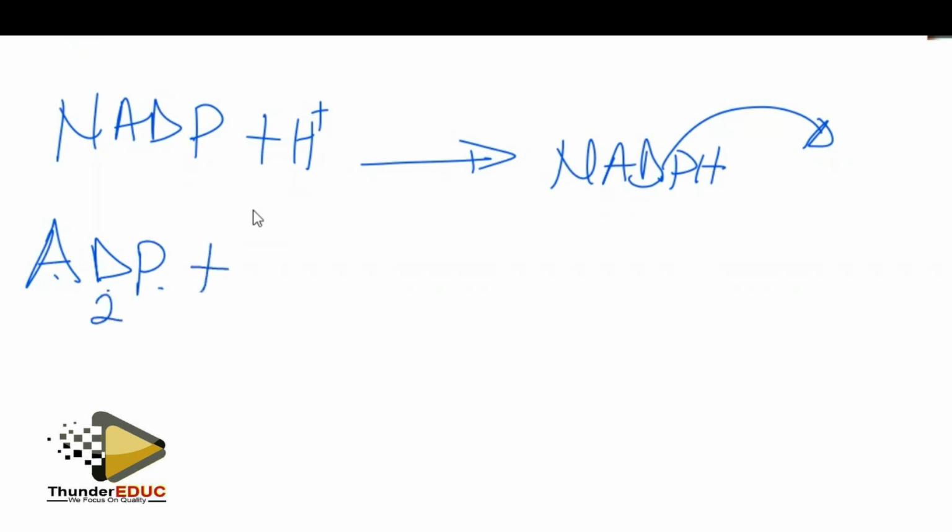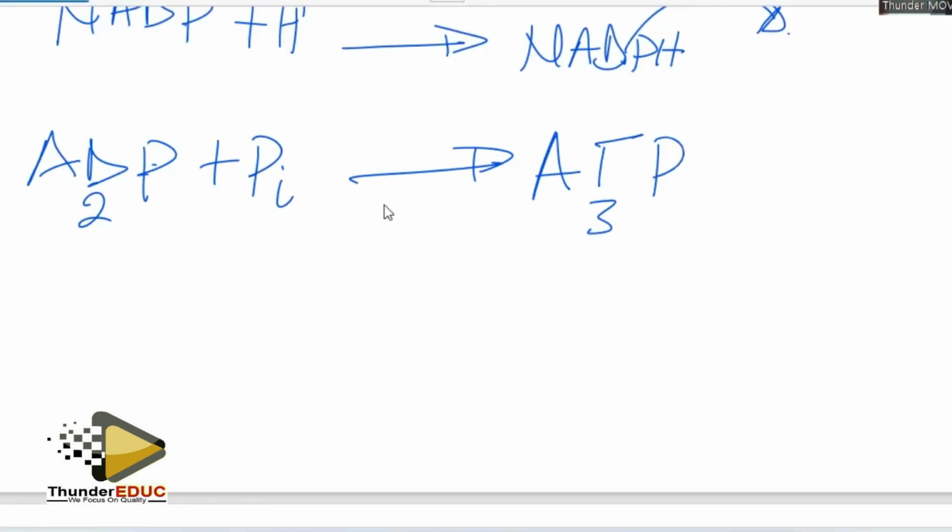What it's going to do is add another inorganic phosphate. So now I have 3 phosphates instead of 2, and 3 is called tri. So it becomes adenosine triphosphate, the usable energy we use in the body. So if you have this plus this, you form this. This is the energy which we use.